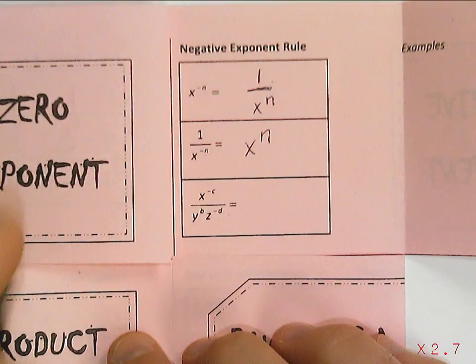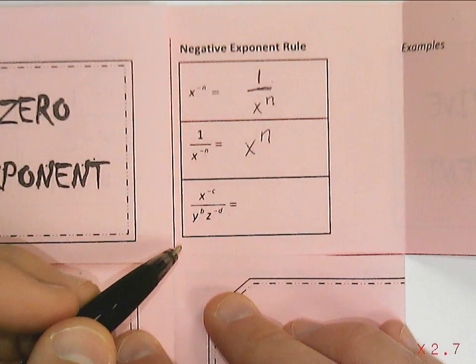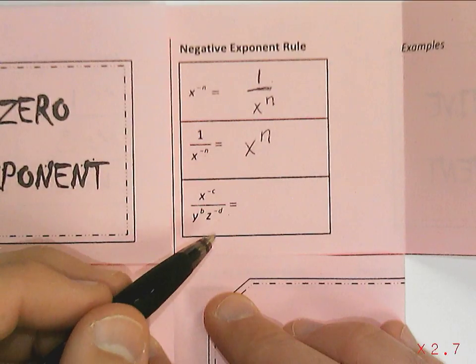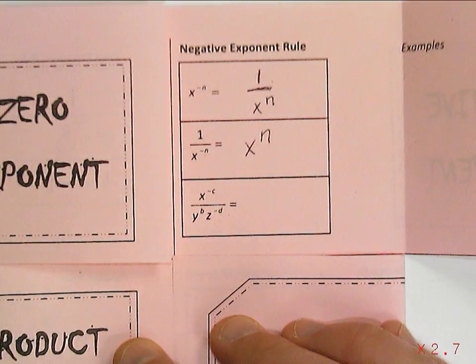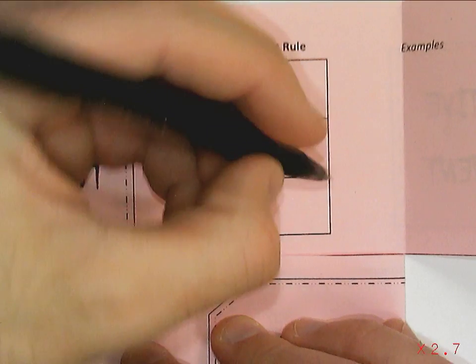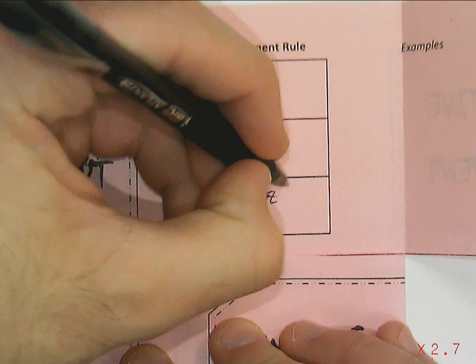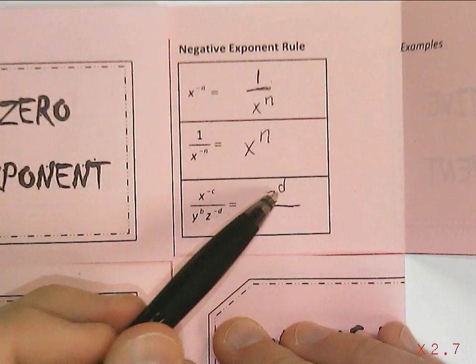And you might have something that's complex like this one here as well, like x to the negative c over y to the b times z to the negative d. Well, we have negatives in there, and those aren't okay to be like that. So what I would be doing is bringing the z to the negative d to the top. So I'd have z to the d, because when you switch it, then it's positive.